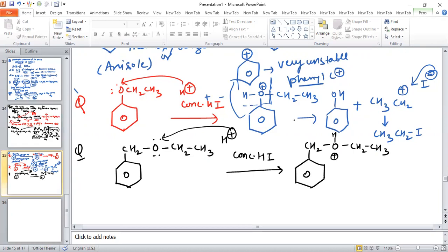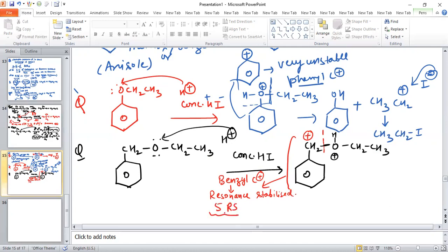If it is a more stable carbocation, then the bond will break from this side. If we break the bond from this side, the positive charge is on this carbocation. This is basically benzyl carbocation, and this benzyl carbocation is resonance stabilized. How many resonating structures? There are 5 resonating structures of this compound.